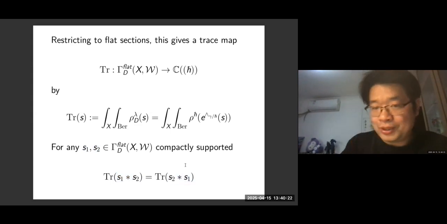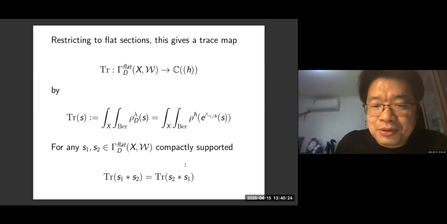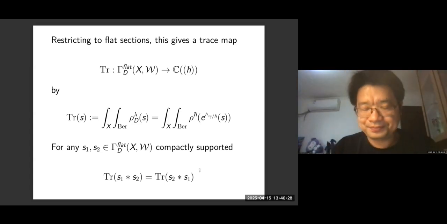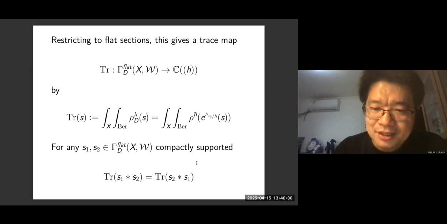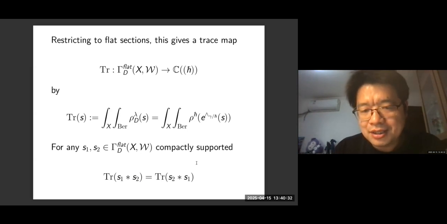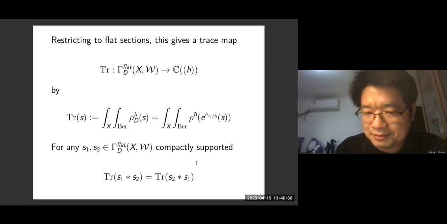So that's what the trace is supposed to be, right? That's the kind of structure we expect. You can show this easily, or you need a little bit of calculation on this Hochschild homology, but that's a straightforward calculation.